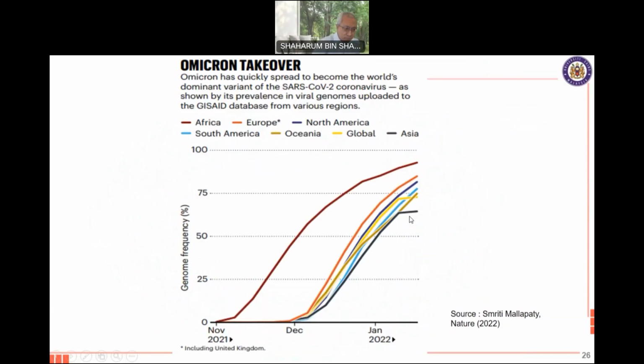And the Omicron has taken over world dominance starting from late last year, November, and in Asia it took until December. Now they are dominant in Asia.